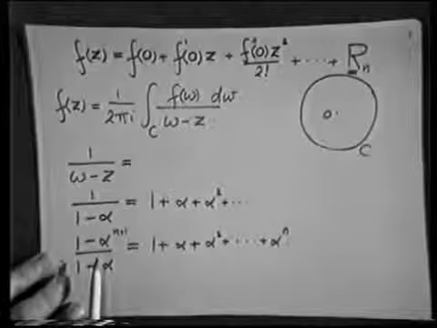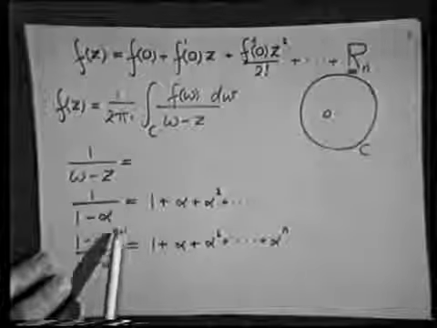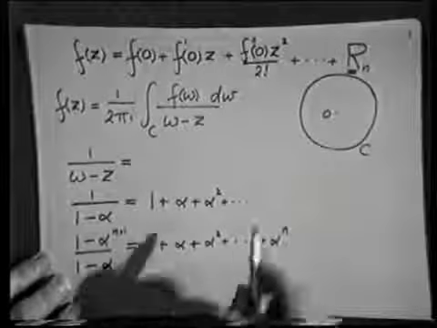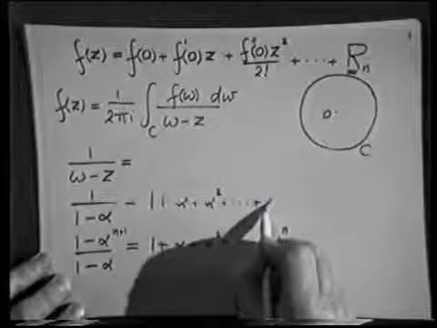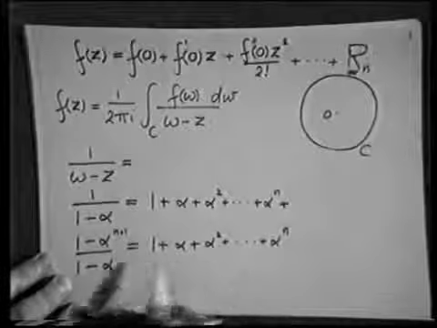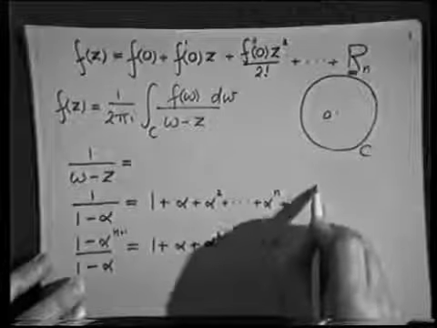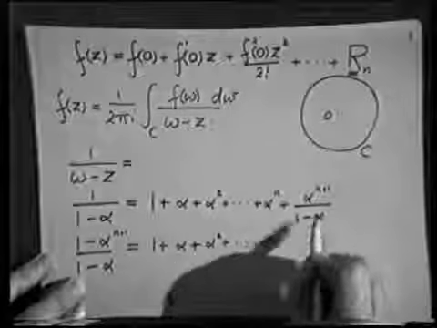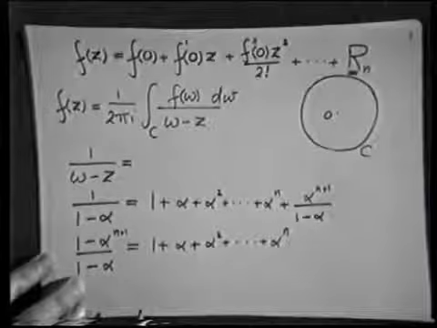Now, I can rearrange that term by taking off the alpha to the n plus 1 and putting it over the other side to give me the sort of series that I want, you see. I can go up as far as alpha to the n there, then add on the end this term, which is alpha to the n plus 1 over 1 minus alpha, and that's the sort of series we need.